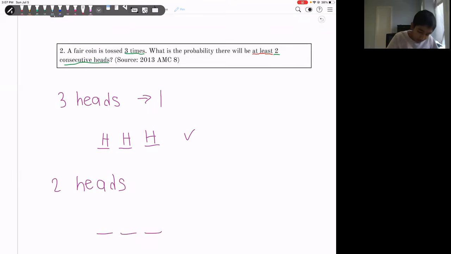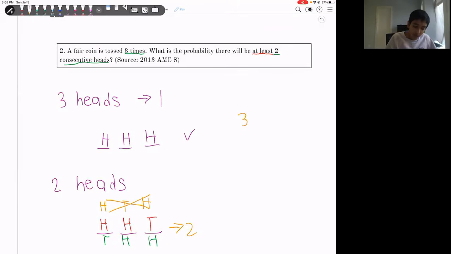So the 2 possibilities are HHT or THH. So there's actually 2. The reason the third case doesn't work, like originally it would just be 3, is that the third case is when the tail is in the middle. Then they're not 2 consecutive heads, so this does not work. So there are 2 cases for this. So we sum, we get 3 cases.